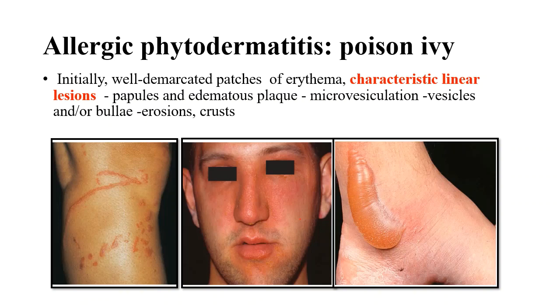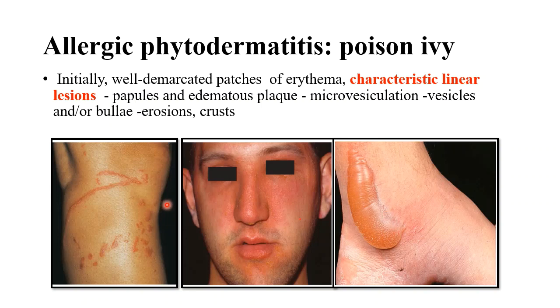Now, allergic phytodermatitis, which occurs due to poison ivy. In this, initially we see well-demarcated patches of erythema, characteristic linear lesions. Then followed by papules and edematous plaque, microvesiculation and later vesicles and even bulla formation, which can erode or show crust formation.